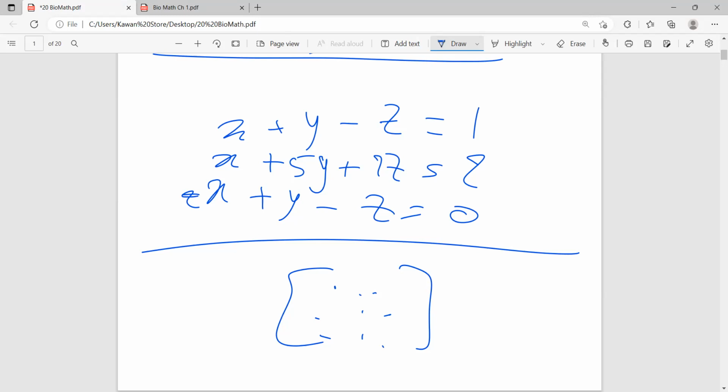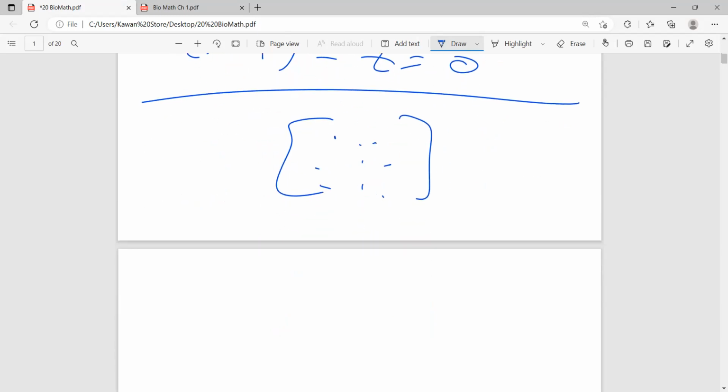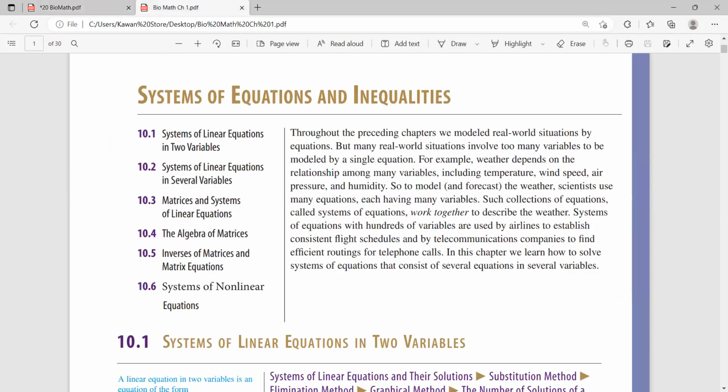Then later you can use the computer to solve the parameters for you. That's why here we are going to learn how to solve each one by hand. Later, maybe in the advanced level, in the MSc that you, inshallah, are going to take, maybe during the master's degree, you need to use the computer. That's it.